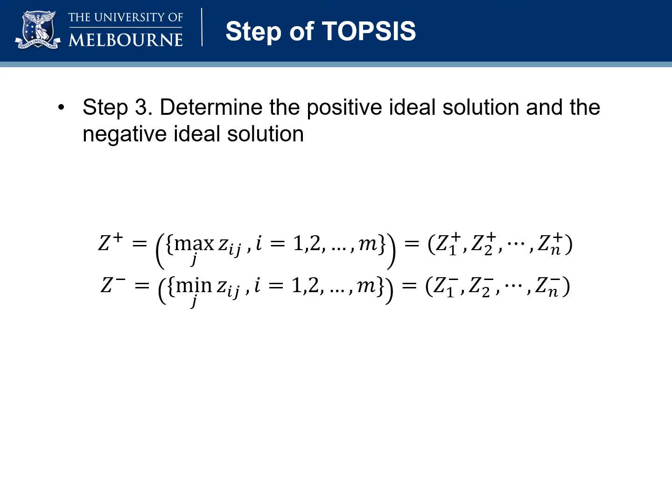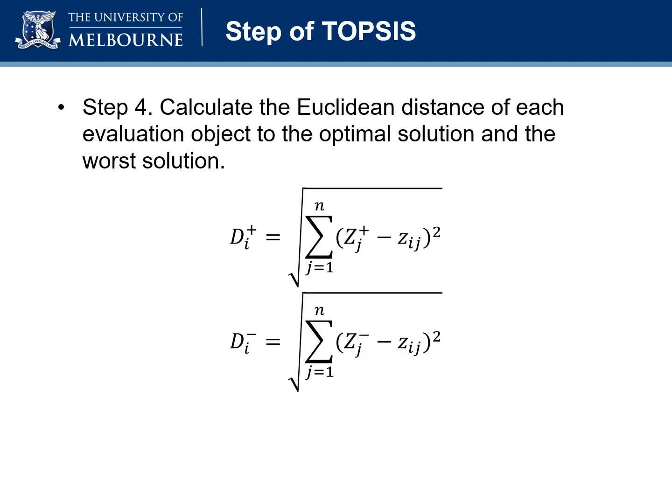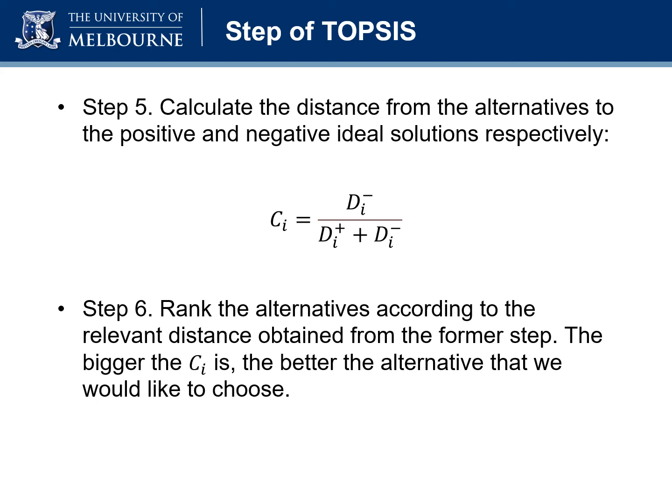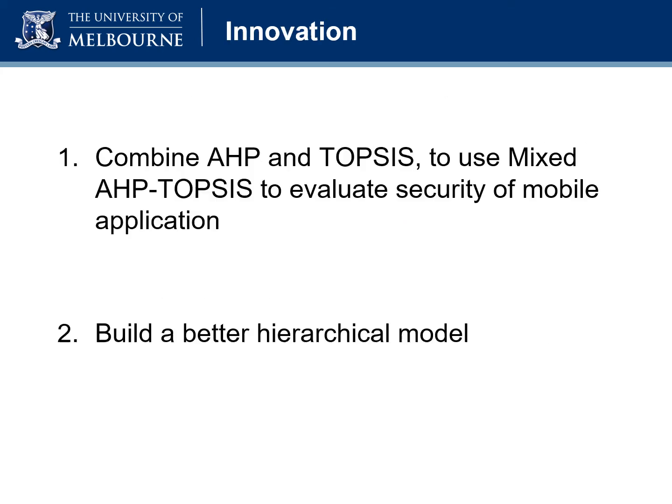In step 3, we calculate the best and the worst solution we have under each subcriterion, and calculate how far away each application is with respect to these two solutions in order to get a relative distance Ci. Finally, we rank all the alternatives according to Ci. Bigger Ci means better solution.